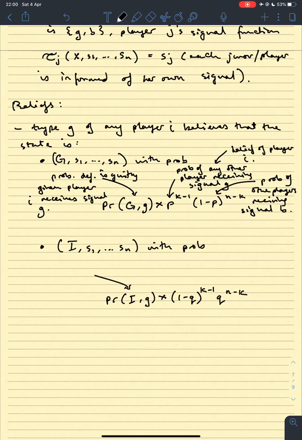And this is the probability that the defendant is innocent, given player i receives signal G.